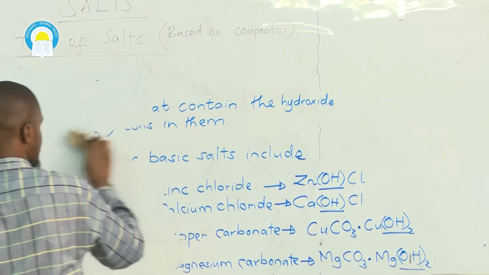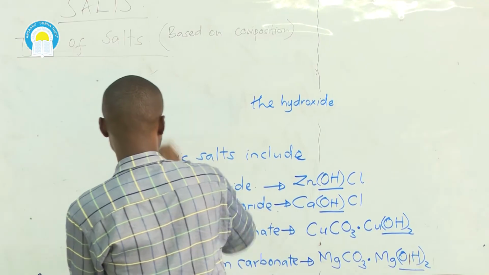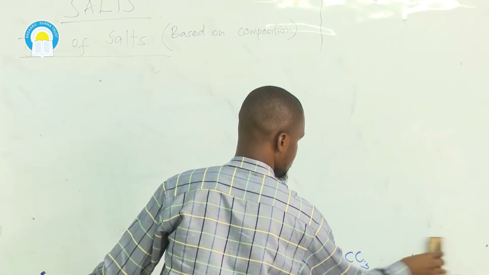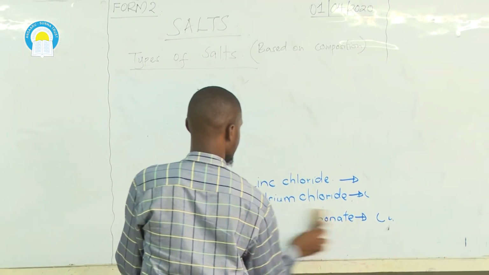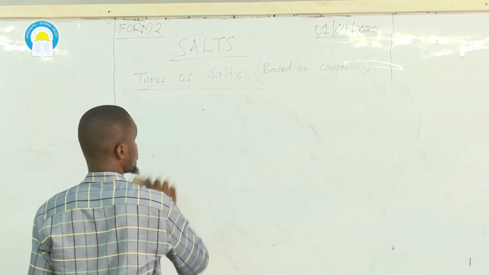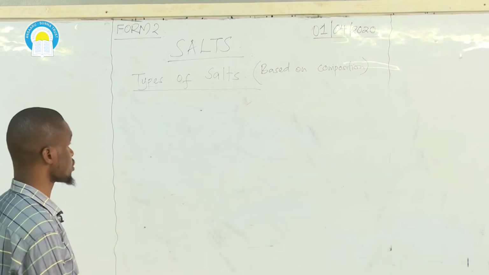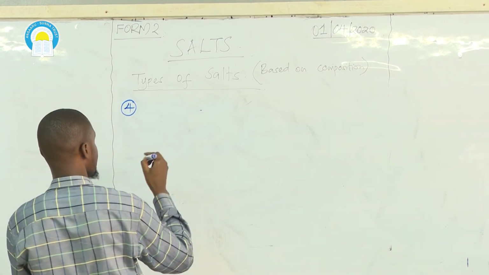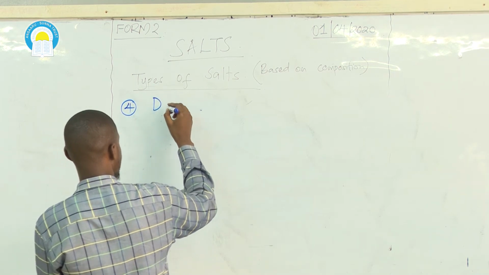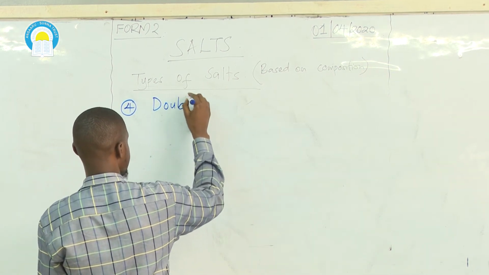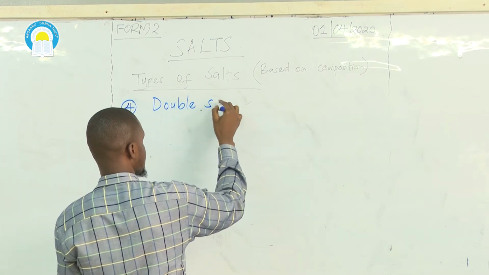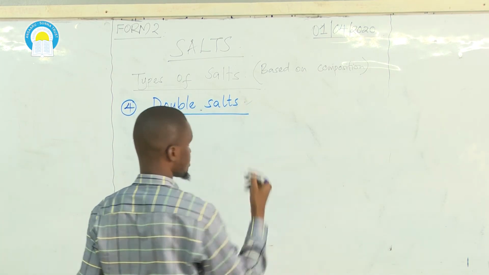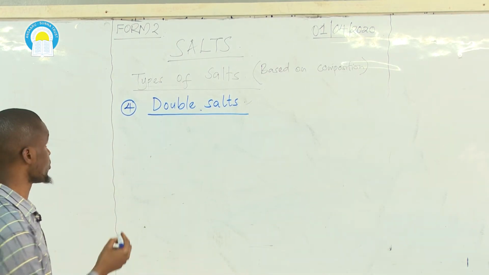And that takes us to salt type 4, sorry, not type 2 but type 4, a very unique one. And type number 4 is what we call double salts. What are double salts?